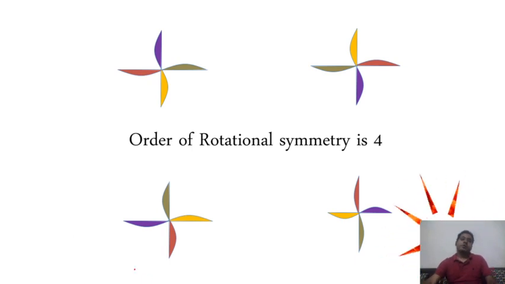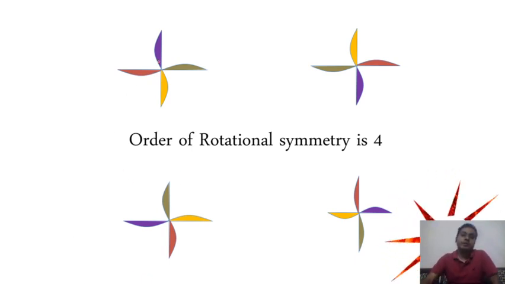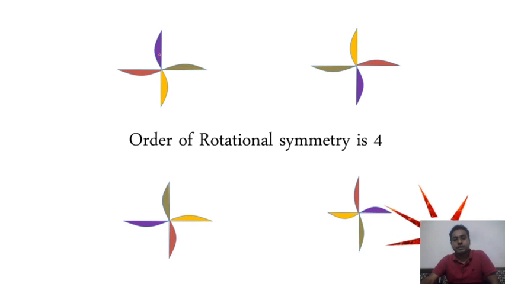Rotational symmetry is 4. If it has 4 rotational symmetry, the shape will be the same, and that's why it has 4 rotational symmetry with 4 blades.